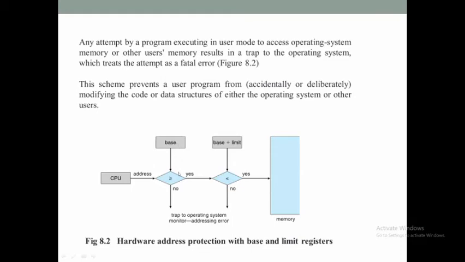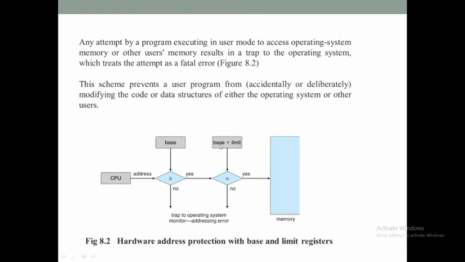If that is true, then it calculates the value of base plus limit and checks whether the address requested by the CPU is less than this value. Let's say the address given by the CPU is 4000, the base register is 3000, and the limit register is 1200.